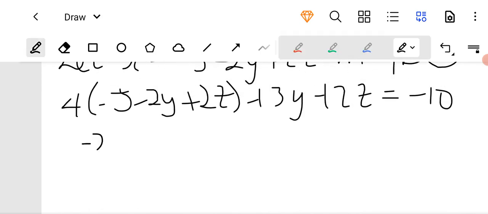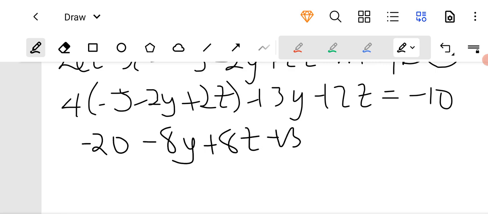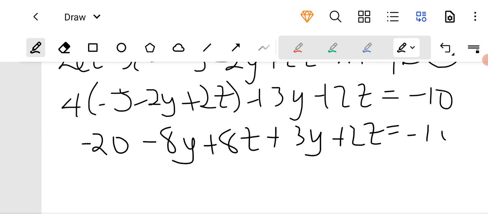We're going to have negative 20 minus 8y plus 8z plus 3y plus 2z is equal to negative 10.